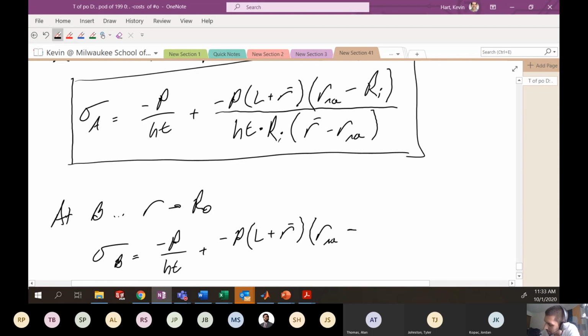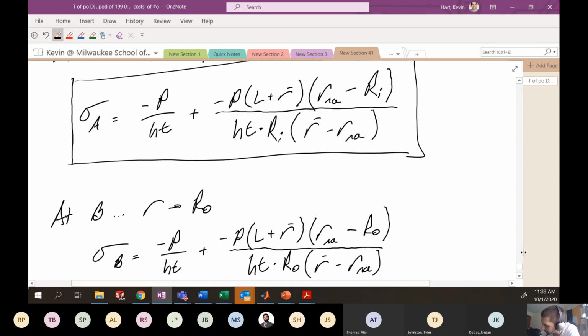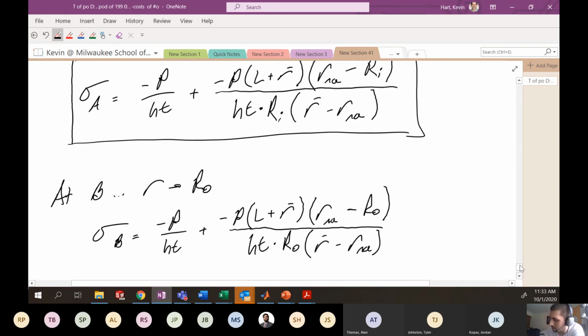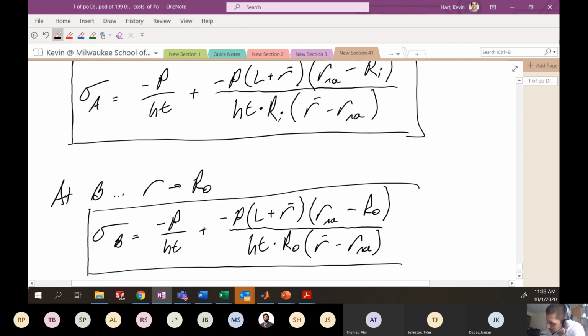Now we're going to subtract not Ri, but Ro, because that's where B is located, all divided by the cross-sectional area HT times the location of point B, which is Ro, times (R bar minus RNA). And here's your equation for the normal stress on the cross section at point B. Man, it took a while.